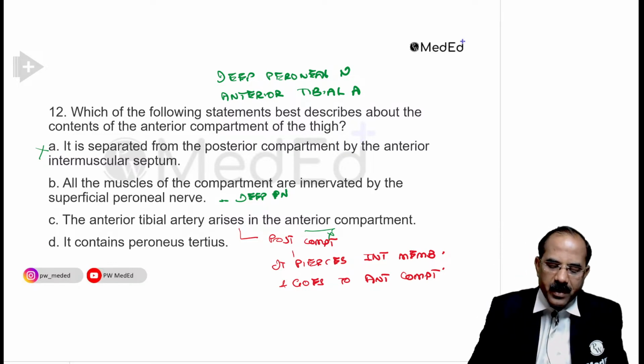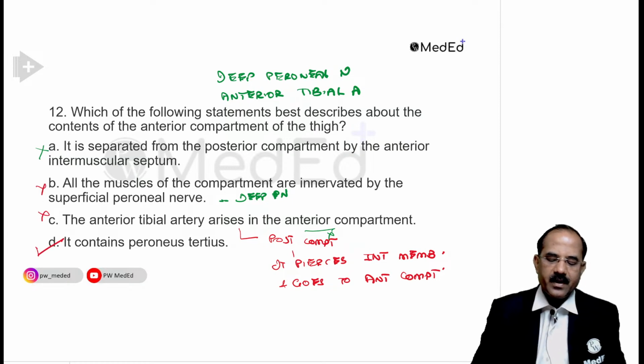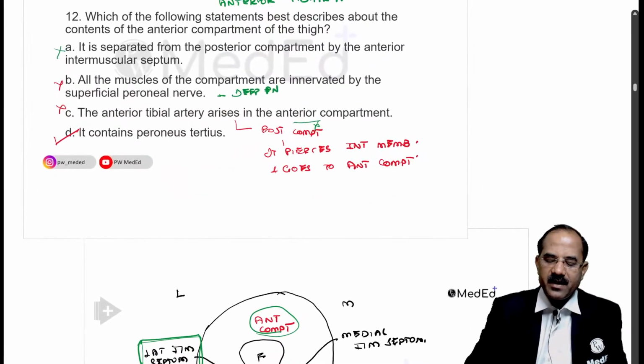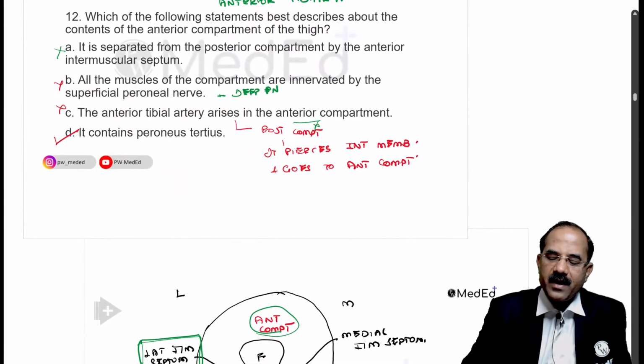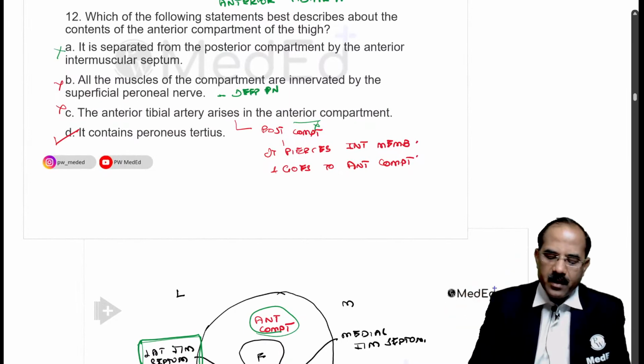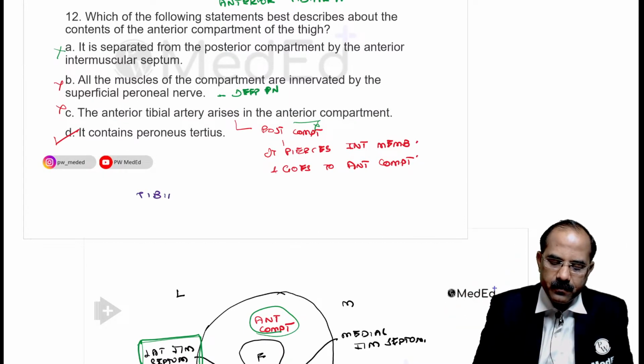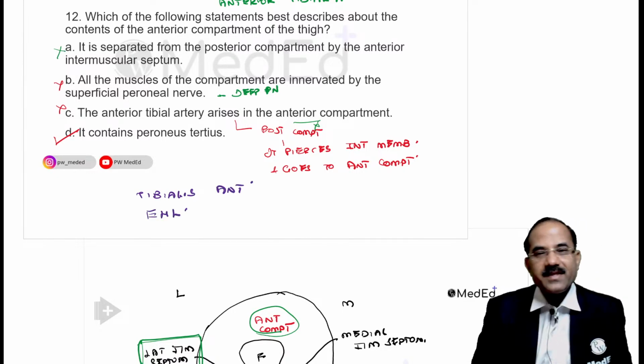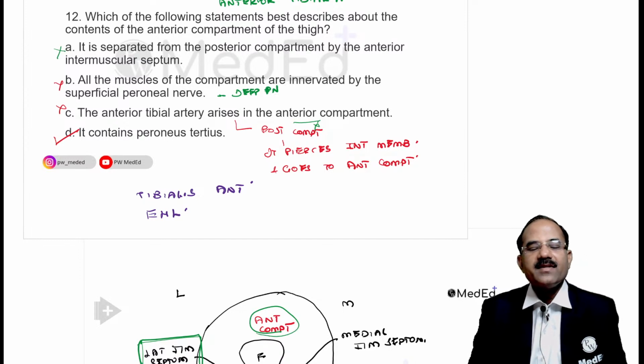It contains the peroneus tertius. Yes, that's correct. Students, can anyone tell me what are the muscles in the anterior compartment? Can anyone say? Muscles in the anterior compartment of the leg. One, tibialis anterior. Extensor hallucis longus.